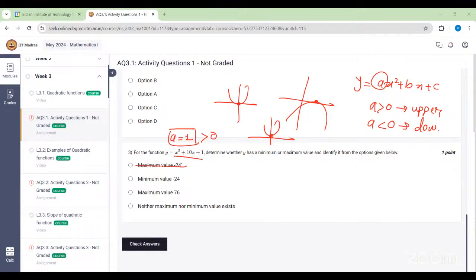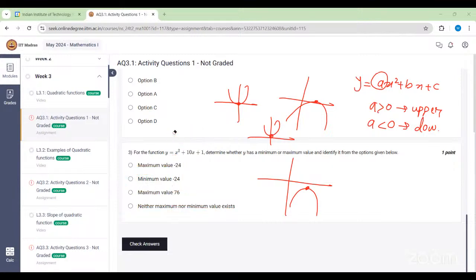So this option gets discarded, this option also gets discarded, and this is also discarded, that neither maximum nor minimum value exists, because if it's an upward parabola, then obviously a minimum value exists. Since we have discarded 3 options, this option must be true. If a were less than 0, it would be a downward parabola and a maximum value would exist. But here a is 1, the coefficient of x square is 1. That's it.